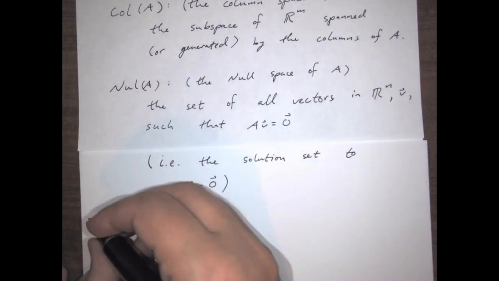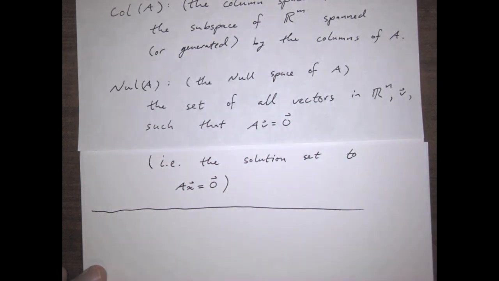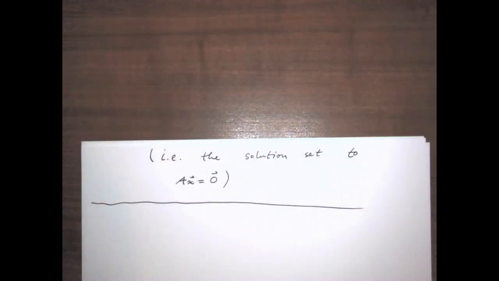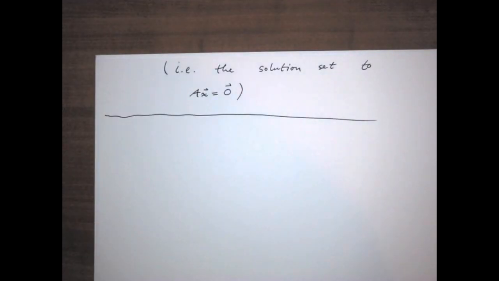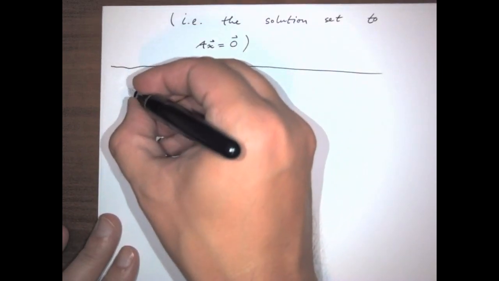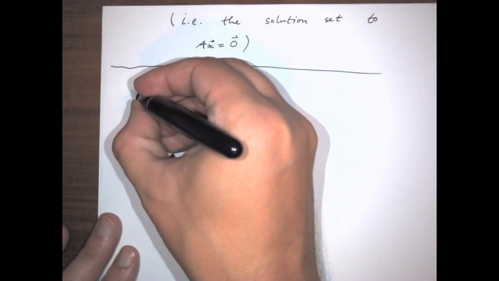Okay, well that in itself gives us a little bit of a roadmap going forward for how we're going to approach these things. Since every span is a vector space or a subspace, we can also ask ourselves whether we can find a set whose span gives any given vector space or subspace. And that is what is called a basis.